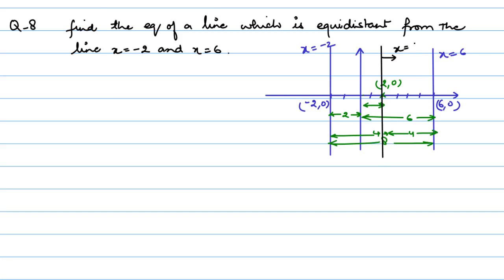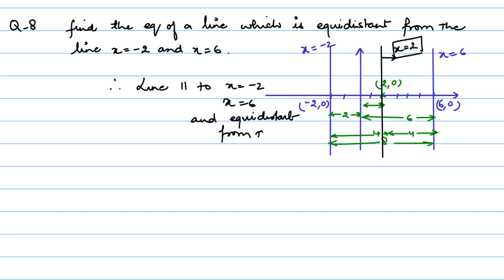Its x coordinate is 2, therefore the equation of this line would be x is equal to 2. Therefore a line parallel to x equal to -2 and x equal to 6 and equidistant from them would have the equation x is equal to 2.